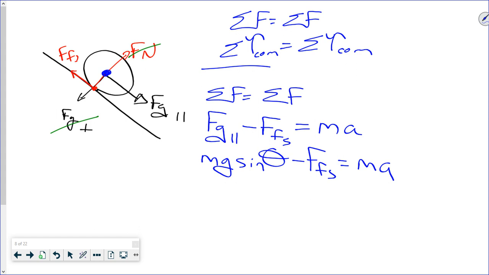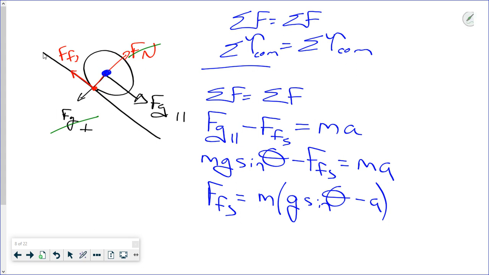Force of static friction, if you add and then subtract, gives you this. This is going to be kind of algebra-y. So we're going to do m times g sine theta minus a. Maybe that might not be the best way to do this, but okay. So there's one of our equations.